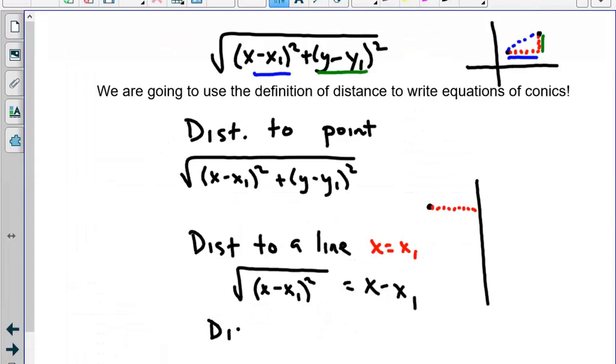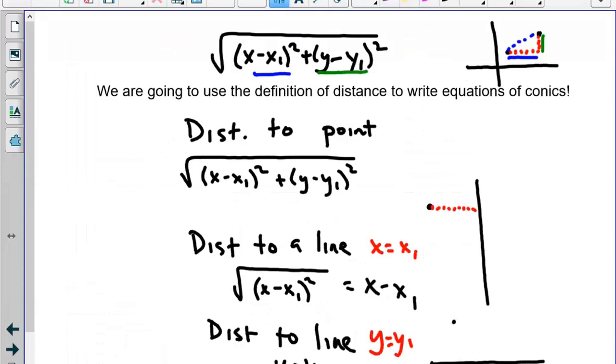Likewise, if we want to find the distance to a line y equals y1, we don't need the distance formula for that either. We're just taking the straight up distance y minus y1. That example would be if we had some sort of horizontal line. Oops, that should have been an equal sign: y equals y1, some y value, some number.